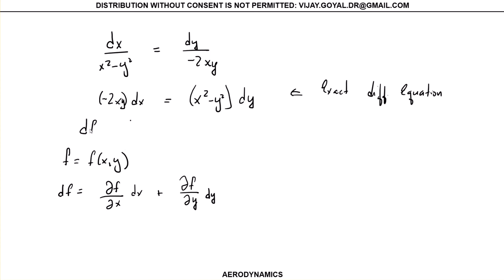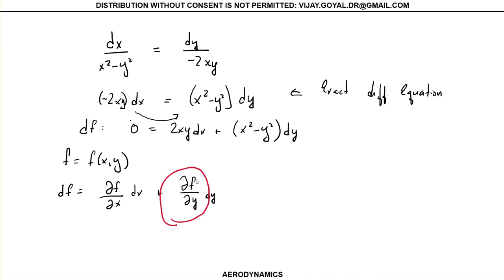I can say df is actually 0. If I take this to this side, it will be 2xy dx plus x squared minus y squared dy. Okay, so if you start comparing these terms, you can immediately see that this term is the same as this term right here.